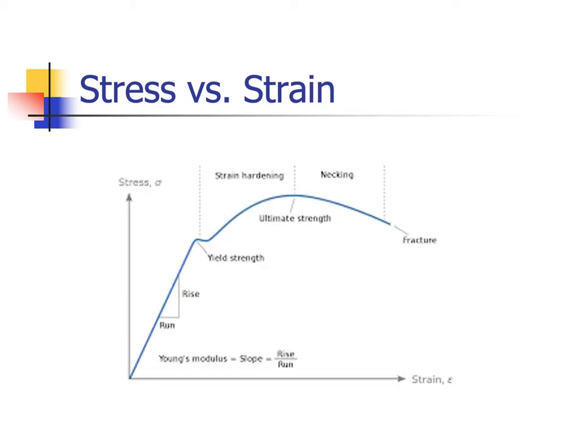Okay, so it's a little bit hard to read this, but the Young's modulus, otherwise known as the modulus of elasticity, is equal to the slope, which is equal to the rise over the run. All that's saying is it's the change in the stress versus the change in the strain.